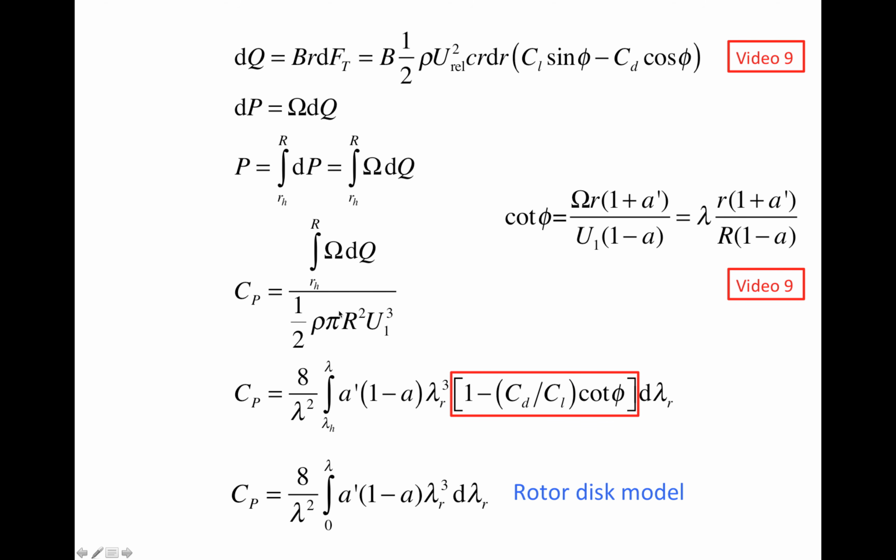And if we bring the representation of dQ into this expression, we don't exactly carry out the integral, but convert the integral over r to an integral over the local tip speed ratio, lambda r.